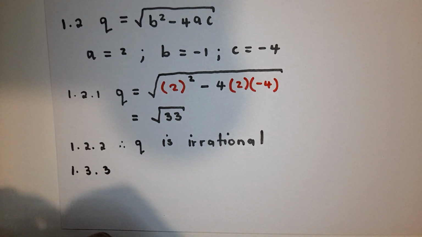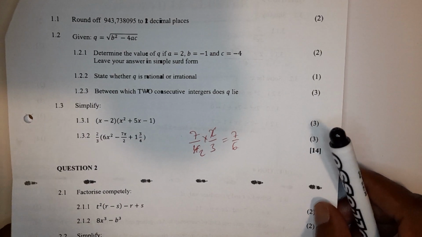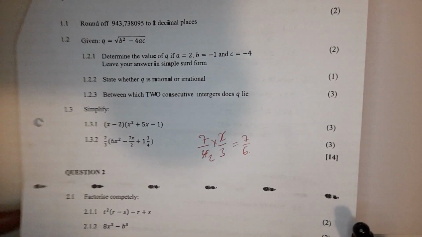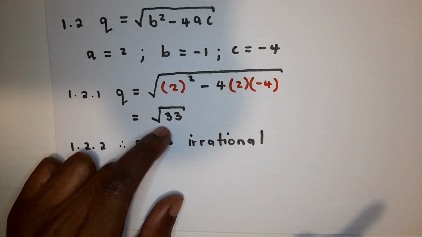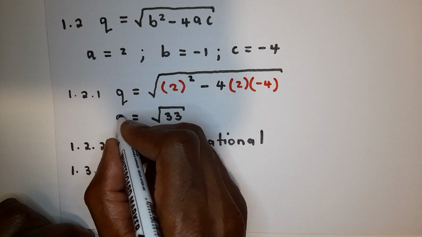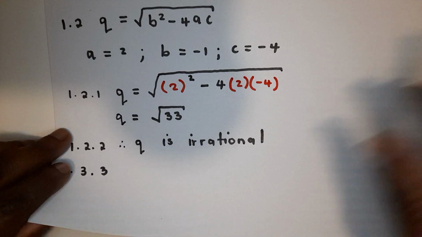1.2.3. The question comes to us now to say, between which two integers does Q lie? Okay, step number one, we look at the type of root that Q is. We see that Q is a square root, so we are going to have to focus on squares, grade 10s.